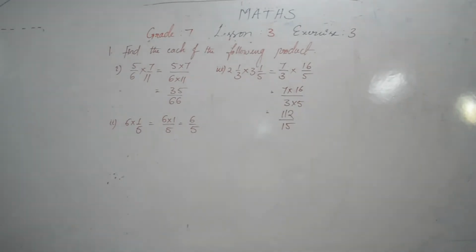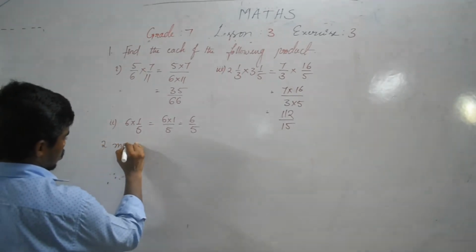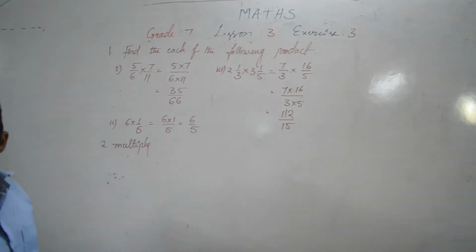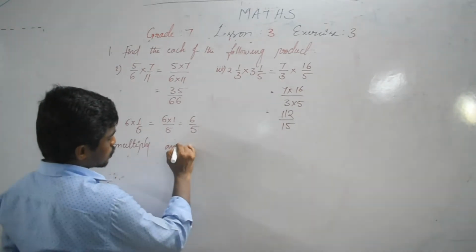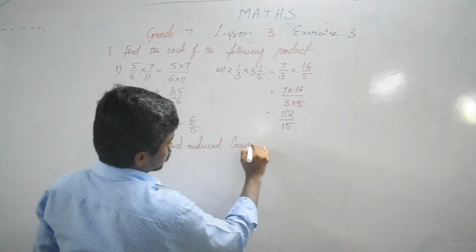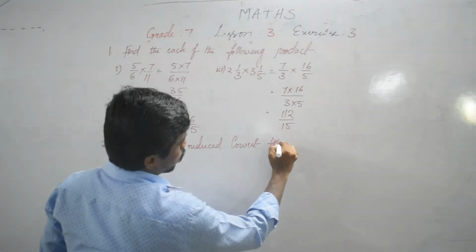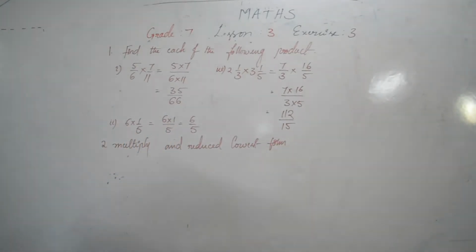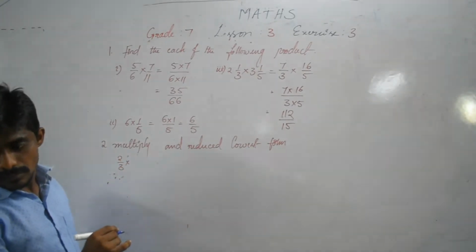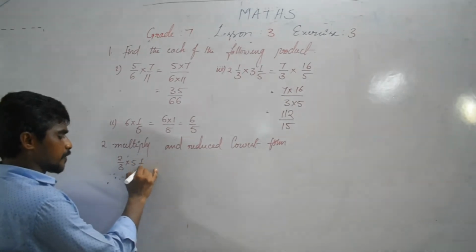Next one. Multiply and reduce to the lowest form. So the second one: 2 by 3 times 5 1 by 5.